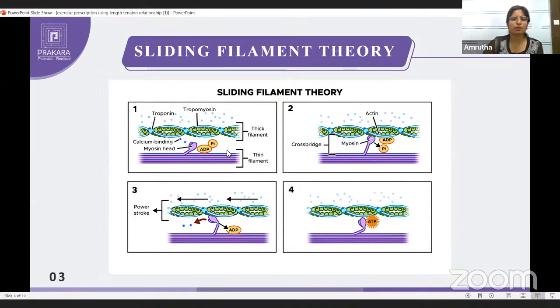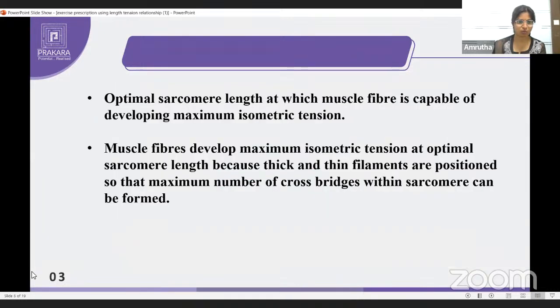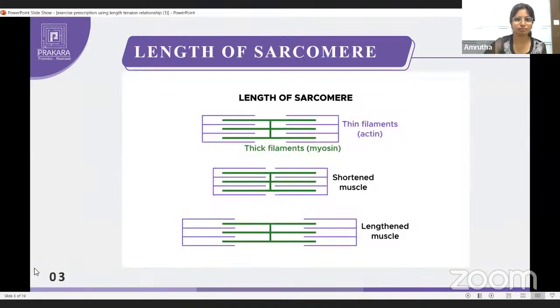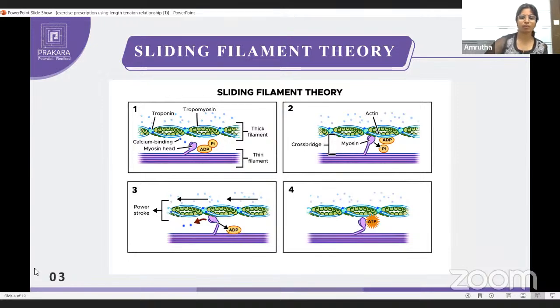Imagine there is one more myosin head here. Overall, my myosin has 10 heads, and actin has 10 free sites. So 10 on 10, demand equals supply.